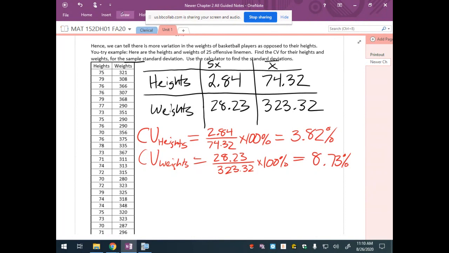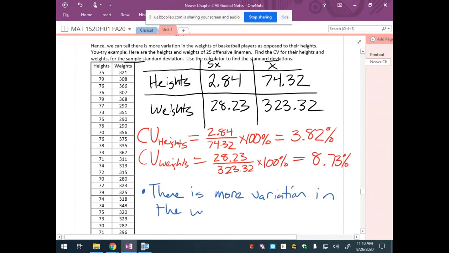But a one-sentence summary would simply be, there is more variation in the weights of football players as opposed to their heights.